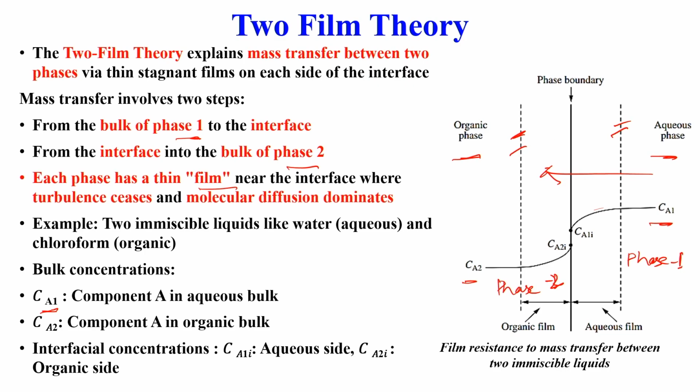Now, if the concentration here is Ca1 and the concentration here is Ca2, then at the interface the concentrations will be called Ca1i and Ca2i. If you notice, there is a discontinuity here, and this discontinuity comes from the distribution or partition coefficient.